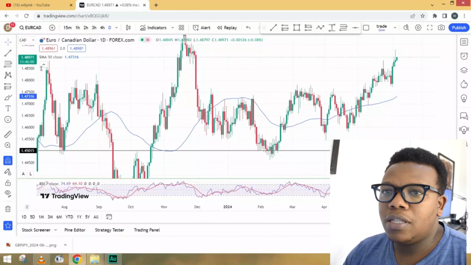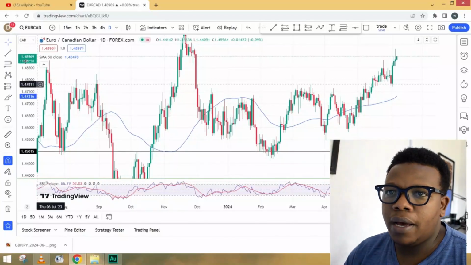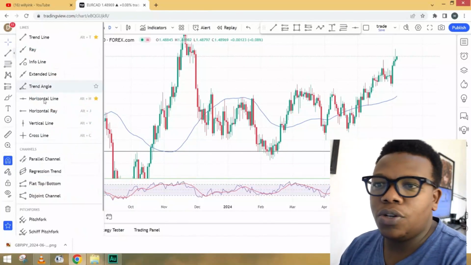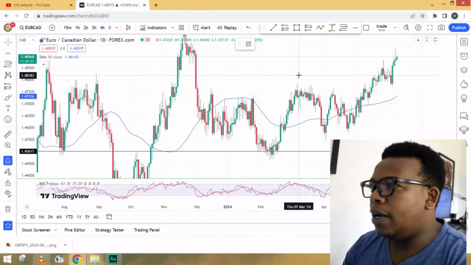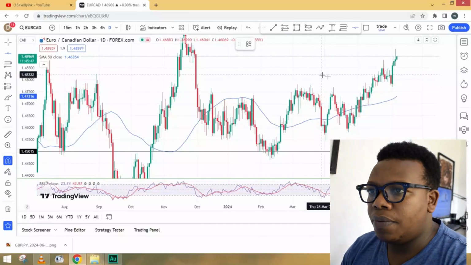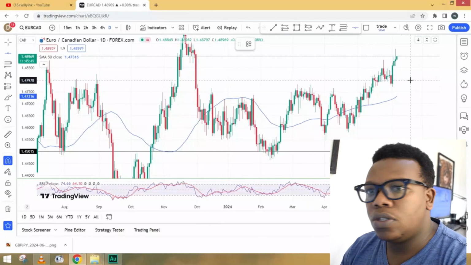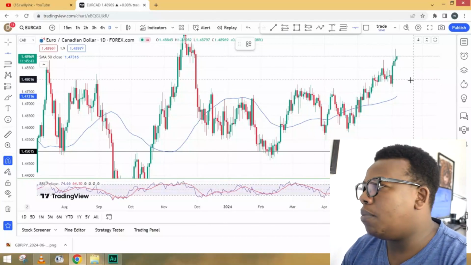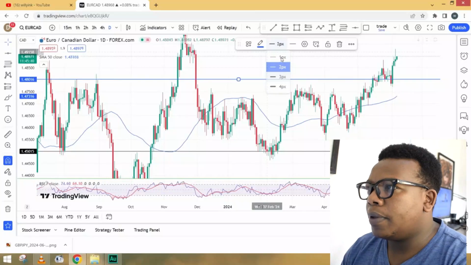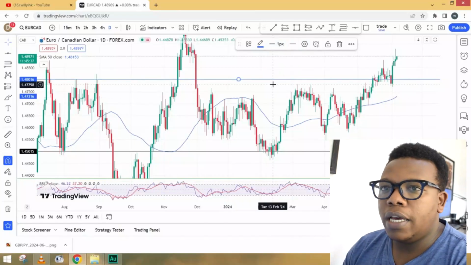There are a couple of things that I normally prefer to start by drawing. I normally start by drawing the psychological levels, and as you can see, where the market is right now, I can start to draw them. For instance, this is 1.800.